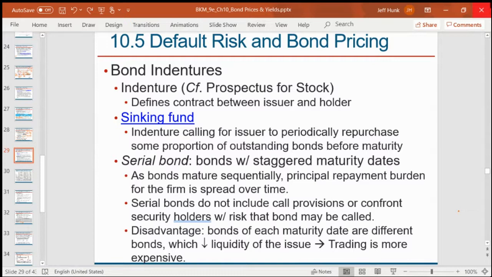So then the investors can see that this company is starting a sinking fund as they sell these bonds for $10 billion worth. Then the investors can be relieved. They can have something to fall back on.